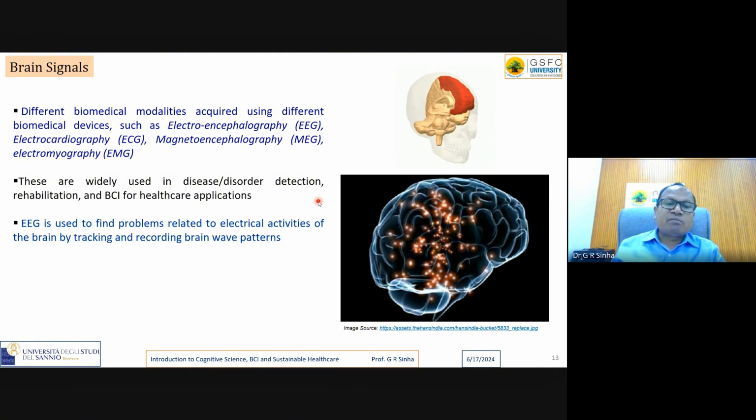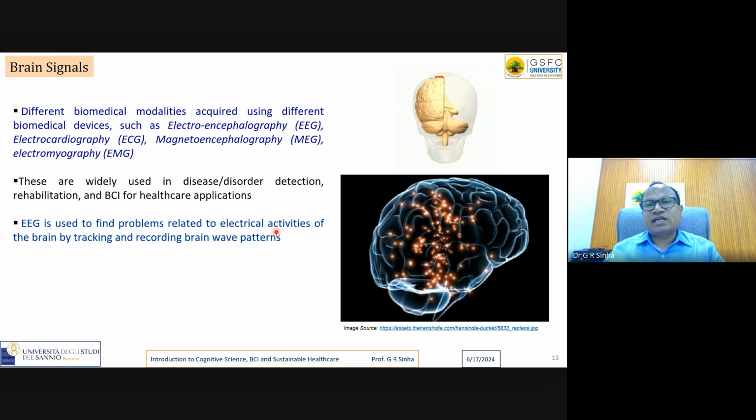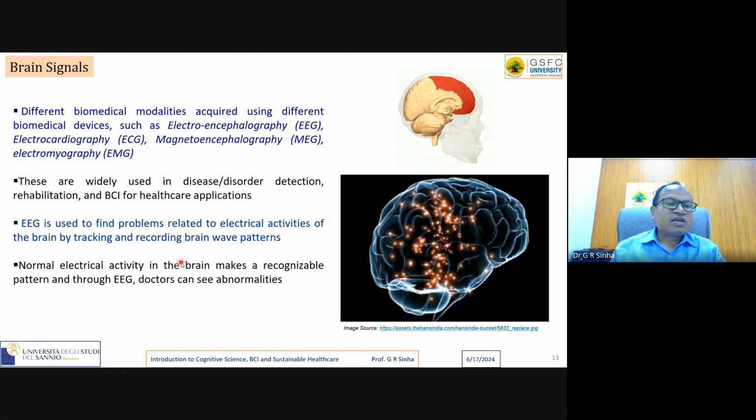EEG is used to find problems related to electrical activities, because we know that EEG is used to record all the electrical activities of the brain by tracking and recording the brain wave patterns. If there is normal activity in the brain, it makes a recognizable pattern through EEG, and the doctor can see the abnormality.